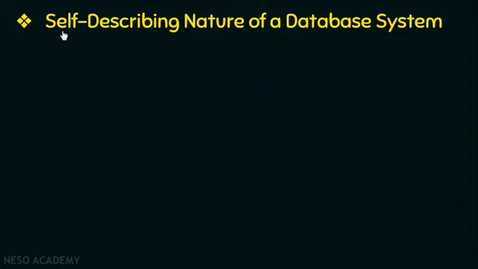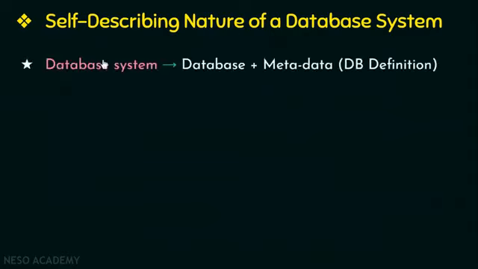The first one, self-describing nature of a database system. A database system not only consists of a database, but it also contains the metadata. We have already seen what a metadata is in the previous video. So it is nothing but the database definition or a complete description of the database.